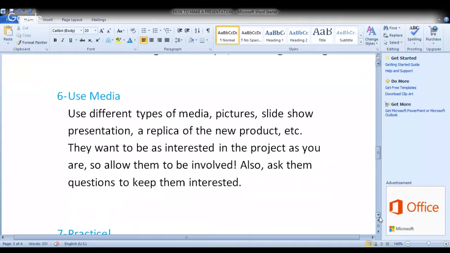If it's a phone presentation or a phone conference, you obviously can't do that, but you can always send maybe an email prior to the meeting and say, these are the points that I'm going to talk about. Please write down any questions before, and then we can talk about them during the meeting. You can also send pictures of maybe the product.